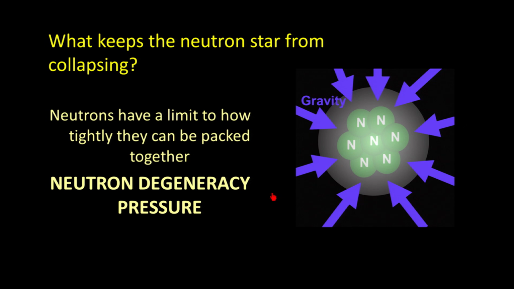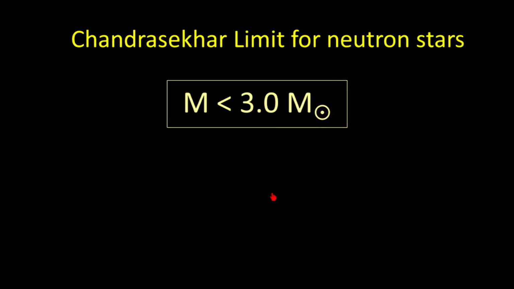But he also calculated whether neutrons can hold off any powerful force of gravity, or whether there is a limit. And he discovered that if the mass of the neutron star is less than 3 times the mass of the sun, then the neutrons will fight off gravity and it'll be a neutron star forever.